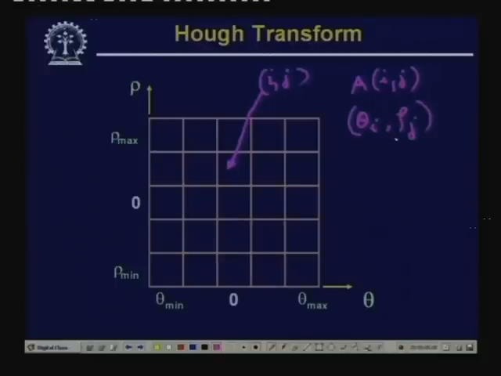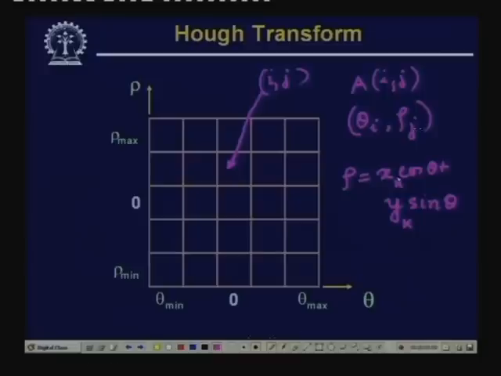So, again as we have done in our previous formulation, for a given point, our equation becomes rho is equal to x cosine theta plus y sin theta, and for a given point say xk, yk in the spatial domain, our equation becomes rho is equal to xk cosine theta plus yk sin theta.